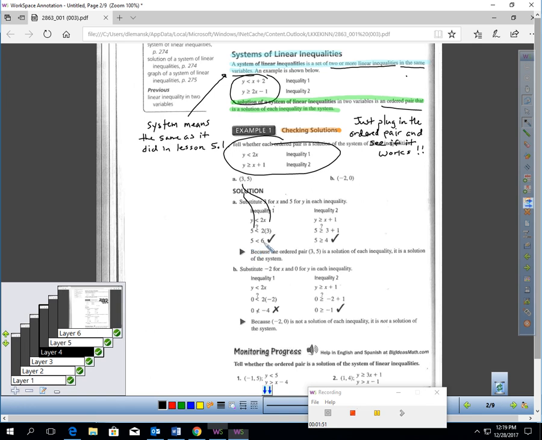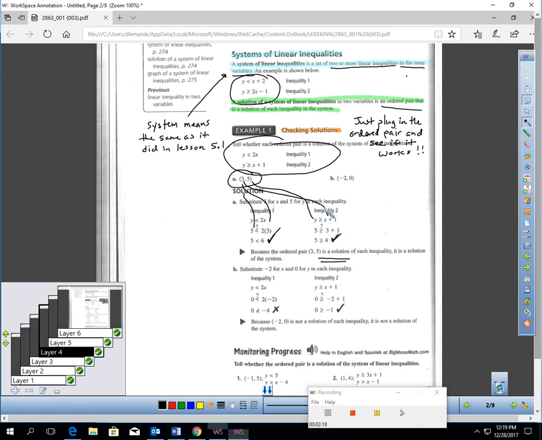And I get 5 less than 6. That's true. Let's plug (3, 5) in the other inequality. Plug 3 in for x and 5 in for y, and I get 5 is greater than or equal to 3 plus 1. That's 5 greater than or equal to 4. That's true also. That means (3, 5) is a solution of this system.